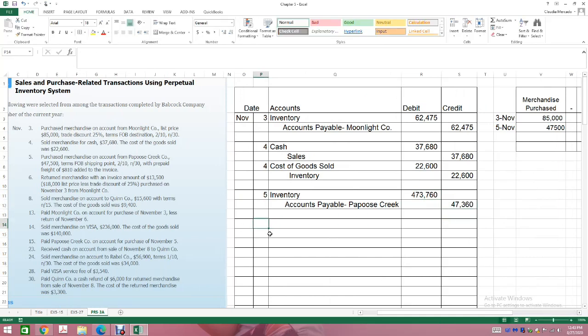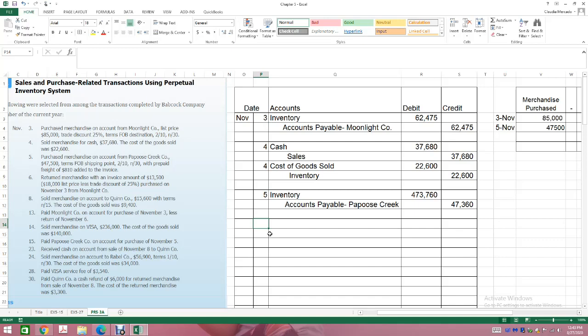So that happened on the 5th. On the 6th, you return merchandise with an invoice amount of $13,500. That represents $18,000 list price less the trade discount of 25%, purchased on November the 3rd from Moonlight. So we return some merchandise with an invoice amount of $13,500.